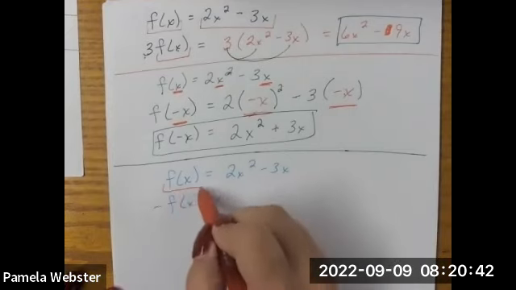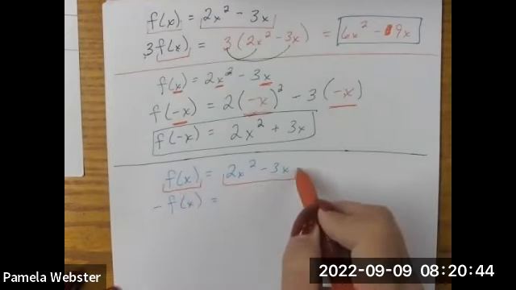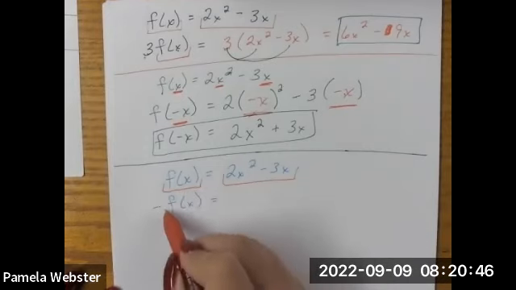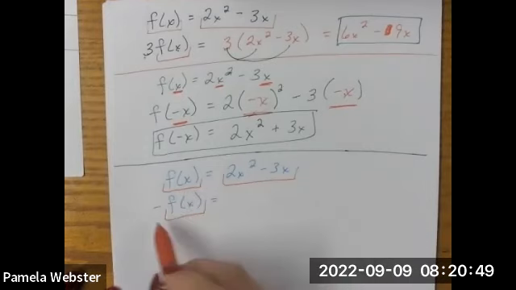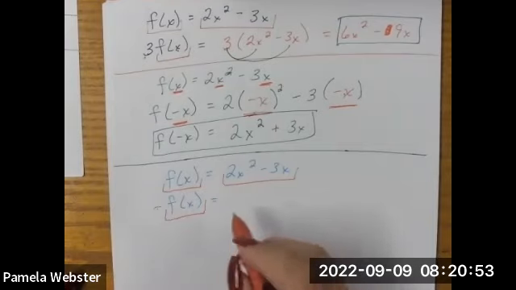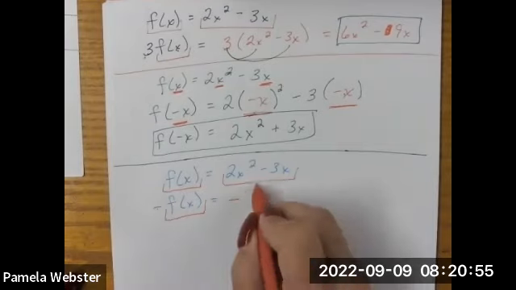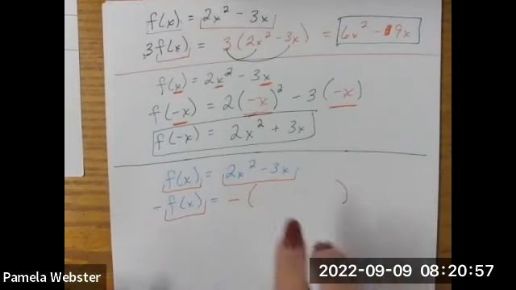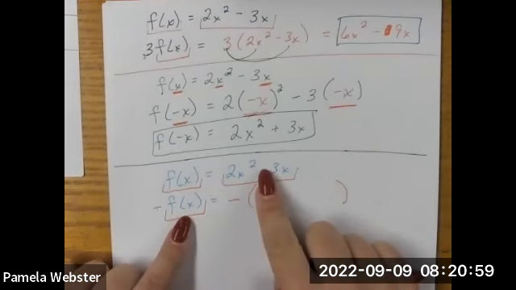My f of x is all of this. They're not substituting into the f of x, right? They're multiplying the entire function by a negative. So this is going to look like negative parentheses, substitute in your f of x.